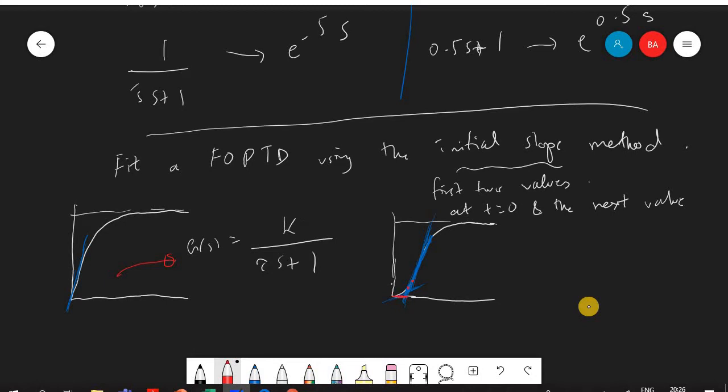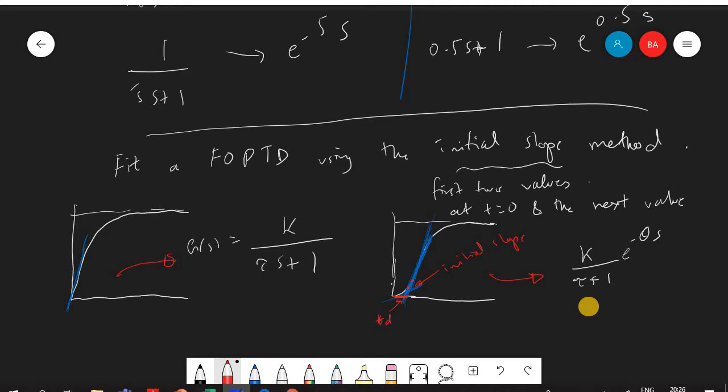So this is the initial slope, and this is the time delay that I would have. And in this case, I will fit a model which looks like k over tau s plus 1, times e to the power minus theta s. So these are the two ways of applying the initial slope method.